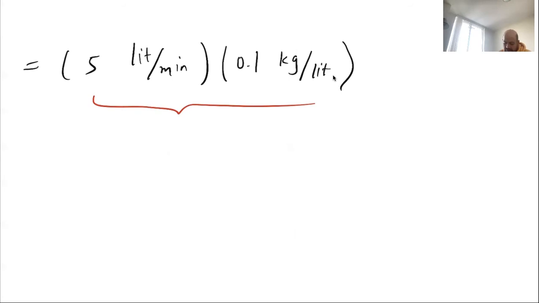So liter cancels with liter. This one also has unit kilogram per minute. So the units match.